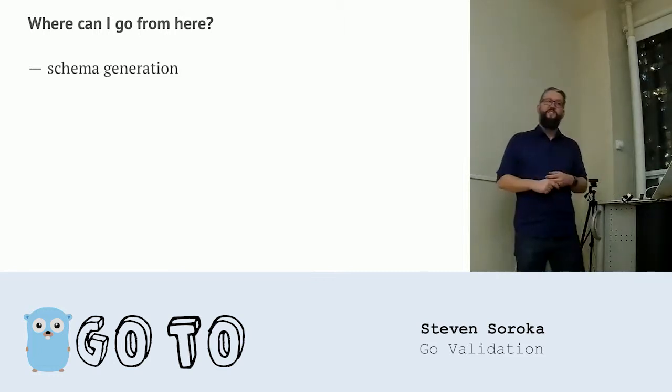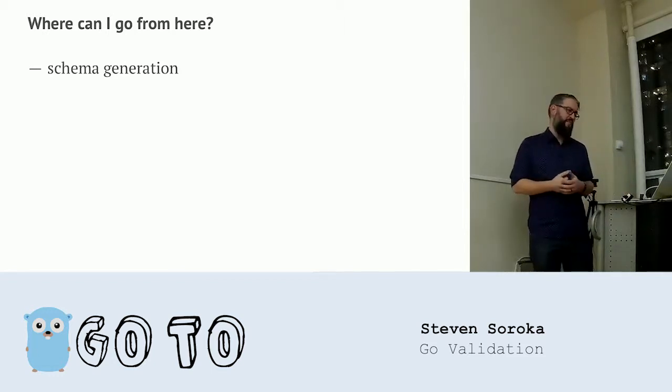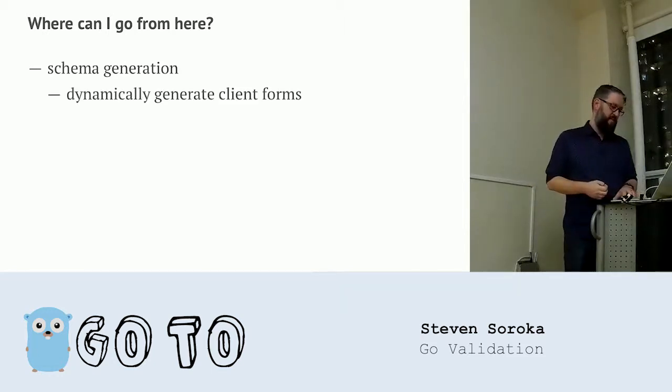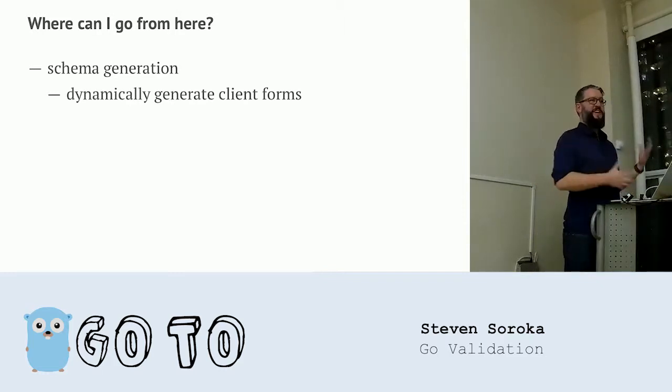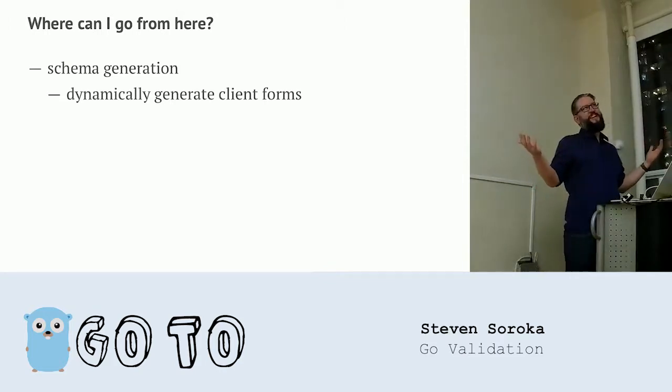Well, you can use your validation framework maybe to generate a JSON schema for you. Using your JSON schema, you can dynamically generate forms on the client side. So, okay, I have static fields. Why do I need dynamic form generation?